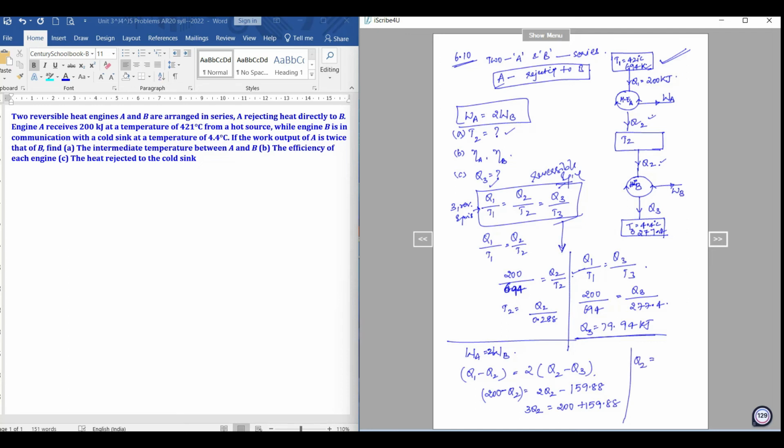Then your Q2 will be that divided by 3. So it is roughly 120. I can write it as 119.96 kilojoules. Now I have the values of Q2, Q3, and also Q1.